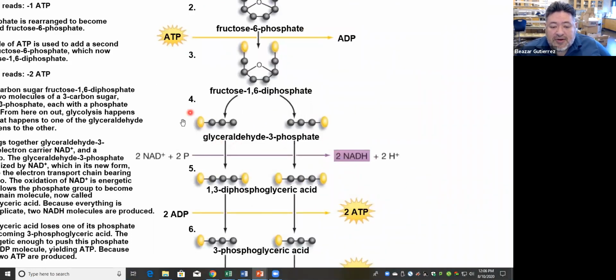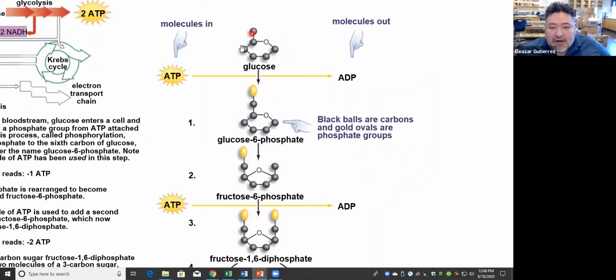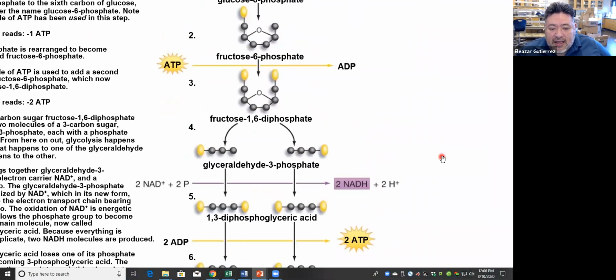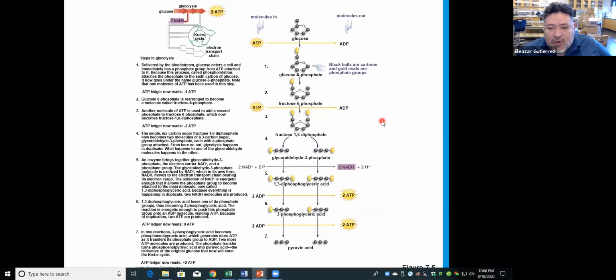G3P, glyceraldehyde 3-phosphate. What are we trying to make? We're trying to make glucose. Okay? So if we were going from here to G3P, we would be making 2 ADPs. But we're going backwards. We're going from G3P to glucose. So we're making 2 ATPs.